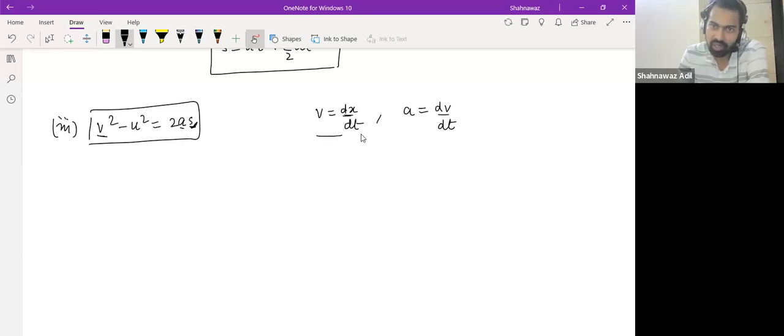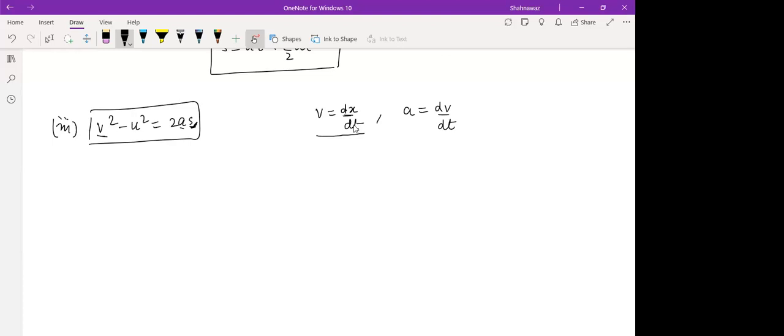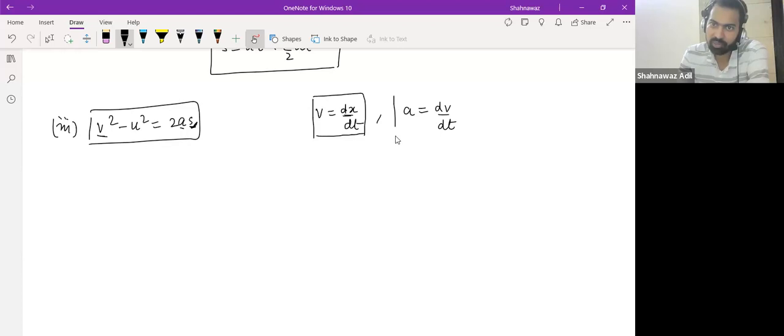In this part we don't have acceleration. Let us keep in mind that in this part we have acceleration, but in this part we have distance, and in this part we don't have distance. So we cannot get acceleration from this equation. We will discard this and we will use this one.